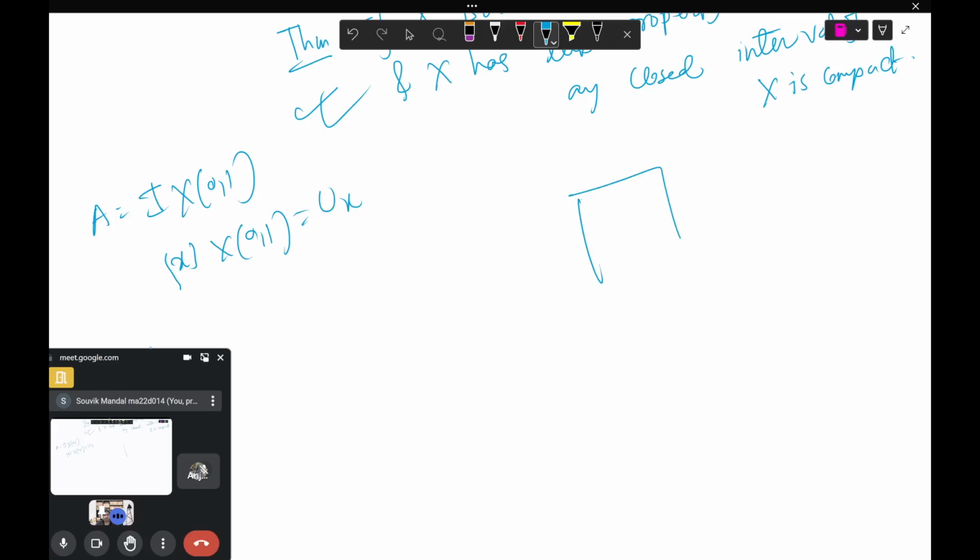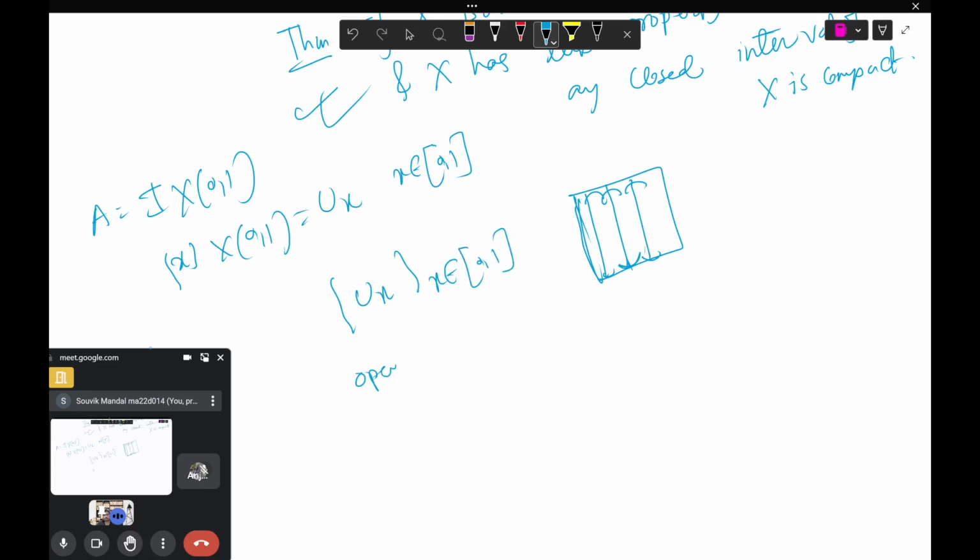So A is basically I cross 0, and these sets {x} cross the open interval (0, 1) are the open covers we are taking, where x belongs to [0, 1]. So this is the collection U_x, an open cover of the I space. It is obvious, right? Now it can't have a countable subcover.